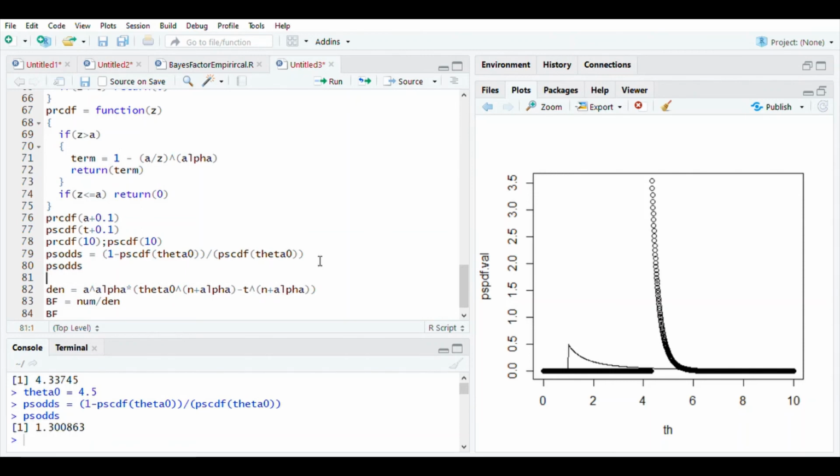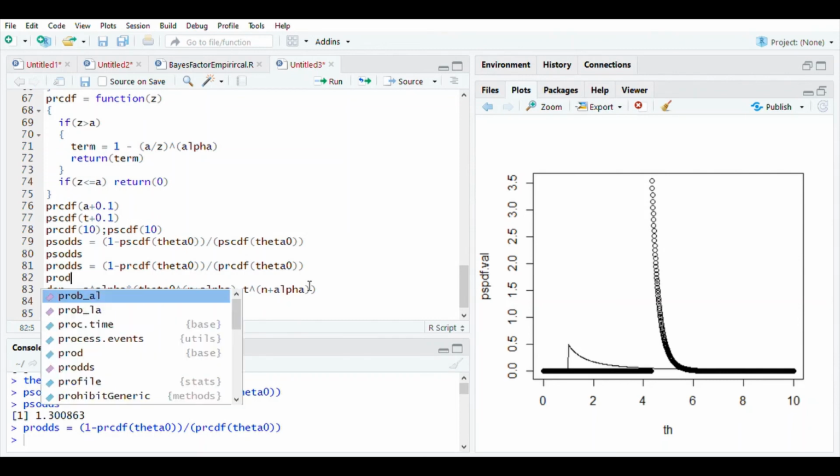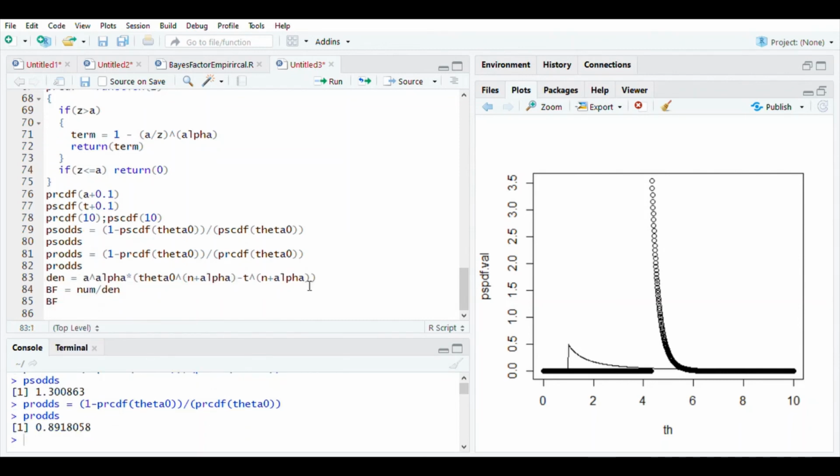Now let us compute the prior odds, just the same. Now let us compute them. 0.89.